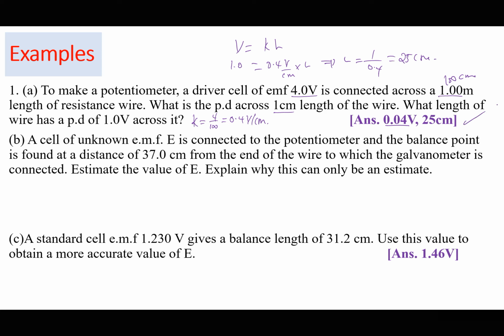So I think that is correct. A cell of unknown EMF E is connected to a potentiometer, and the balance point is found to be 37 centimeters from the end of the wire to which the galvanometer is connected. Estimate the value of E.